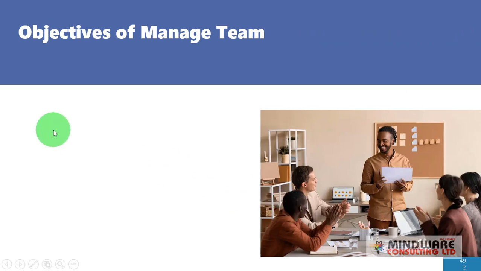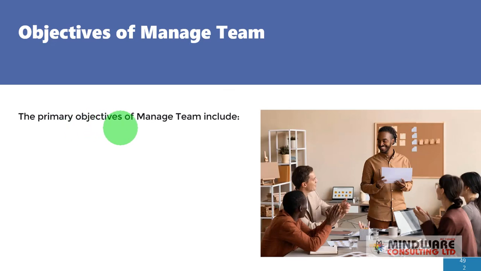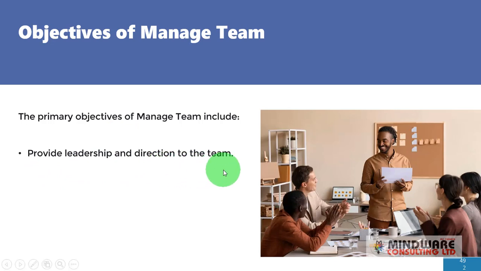Now, what are the objectives of the manage team sub-process? The primary objectives of manage team include provide leadership and direction to the team. Now, as they say, the fish rots from the head. When it comes to successful project execution, leadership is everything. So you're going to have to provide that proper leadership and direction for the team members. Resolve conflicts and address team issues.